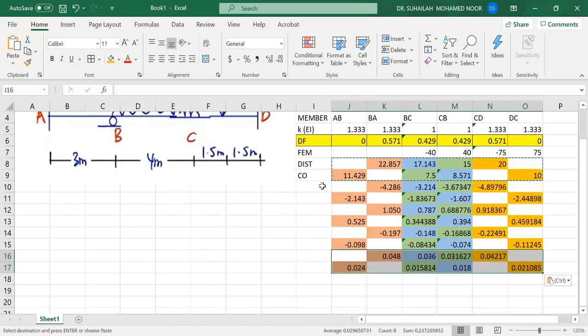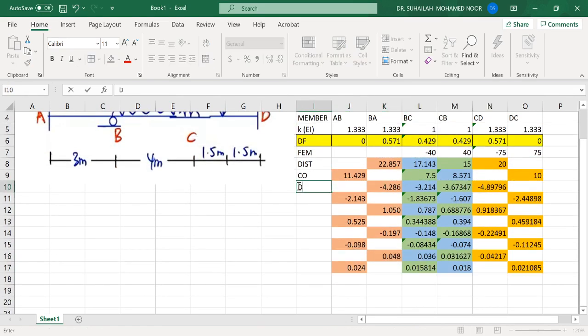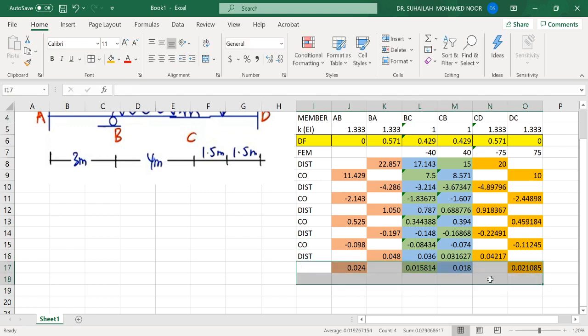How many distributions right now? Distribution, carryover, distribution, third one, carryover, distribution, fourth one, carryover, distribution. Remember, as I mentioned previously, we must stop at carryover.